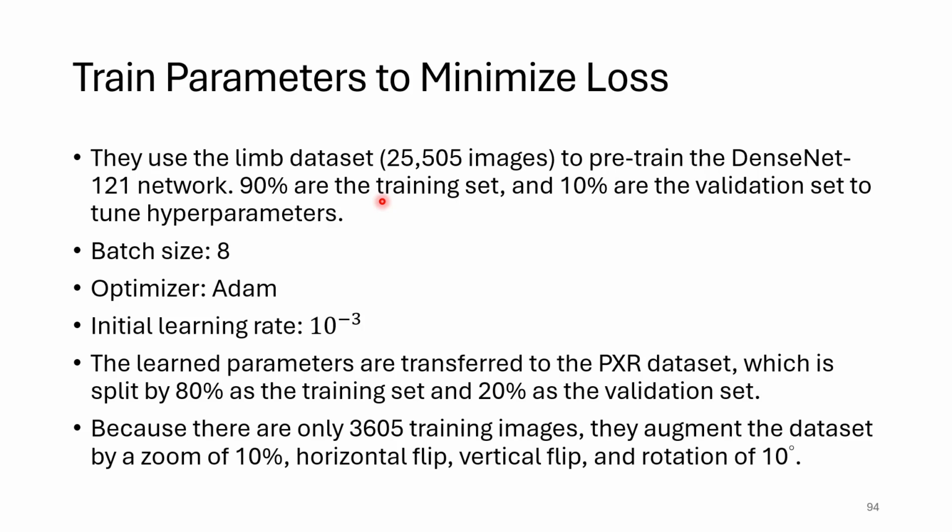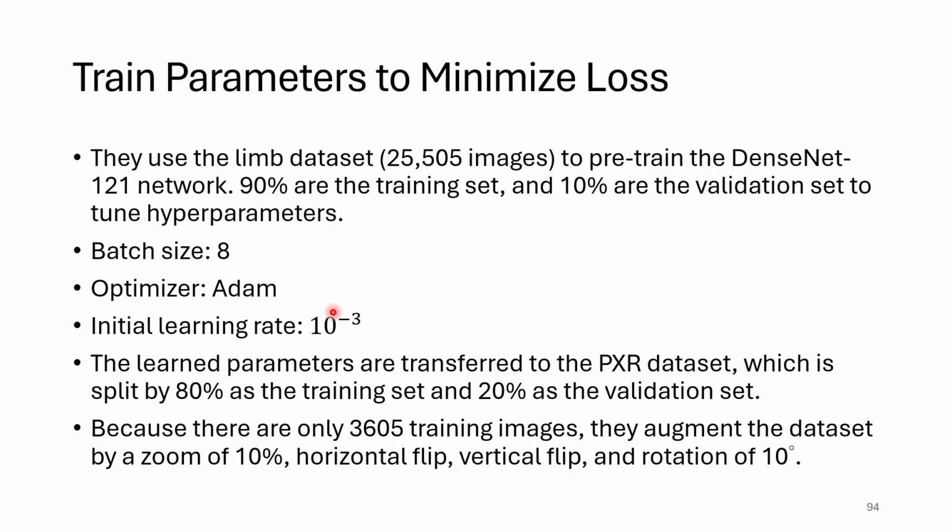Okay, so they have the architecture, and they first need to train it from scratch. They first use the LIMB dataset. There are around 25,000 images to train the DenseNet, with 90% as the training set and 10% as the validation set, because they need to tune some hyperparameters. And this is their setting.